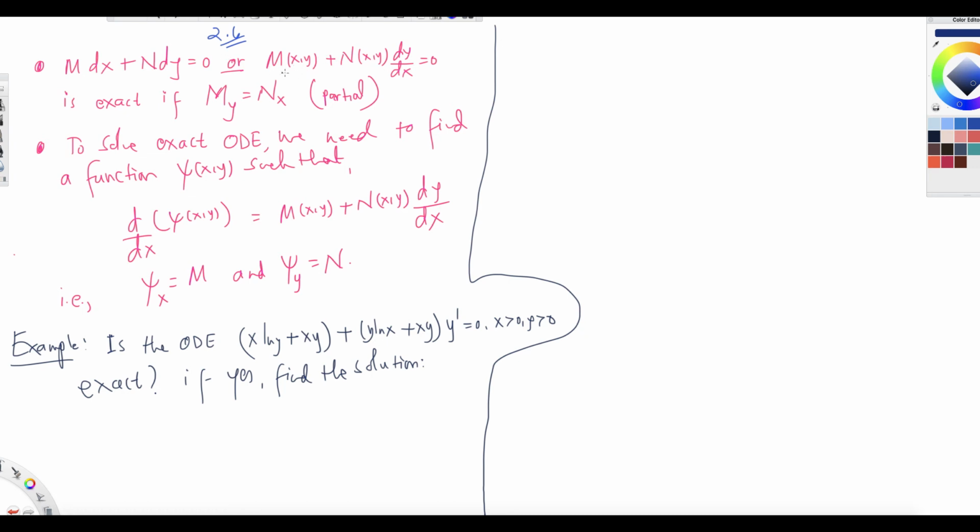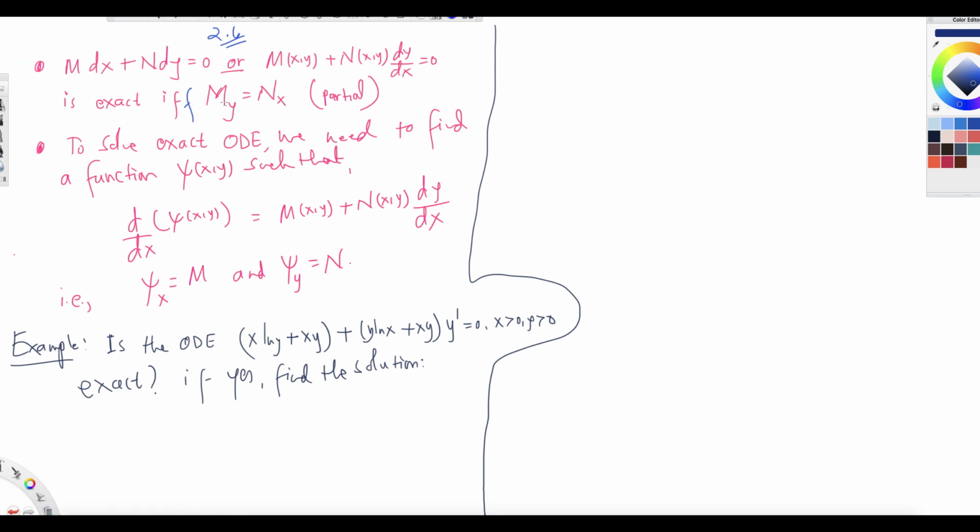So this can be written this way too: M(x,y) plus N(x,y) dy over dx equals 0 is exact if and only if the derivative of M with respect to y is equal to the derivative of N with respect to x. This derivative is a partial derivative.